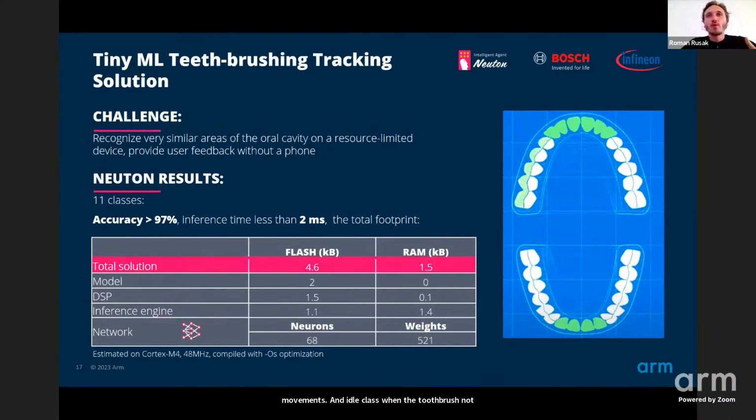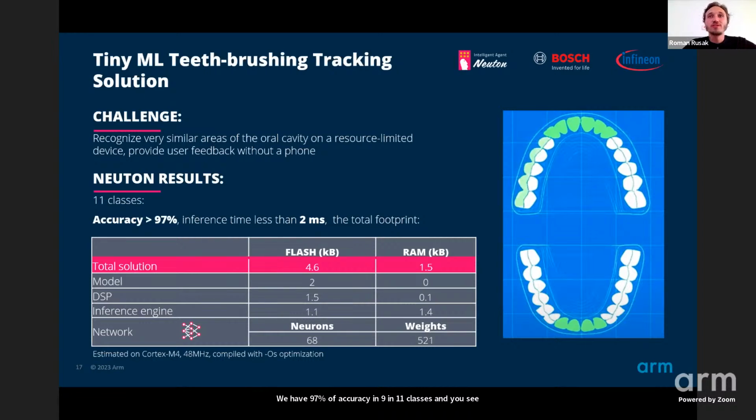And let's remember what goals we set for ourselves developing this solution: to be able to provide real-time user feedback about brushing areas without a phone. We have 97% accuracy in 11 classes, and you see how it works in real life.